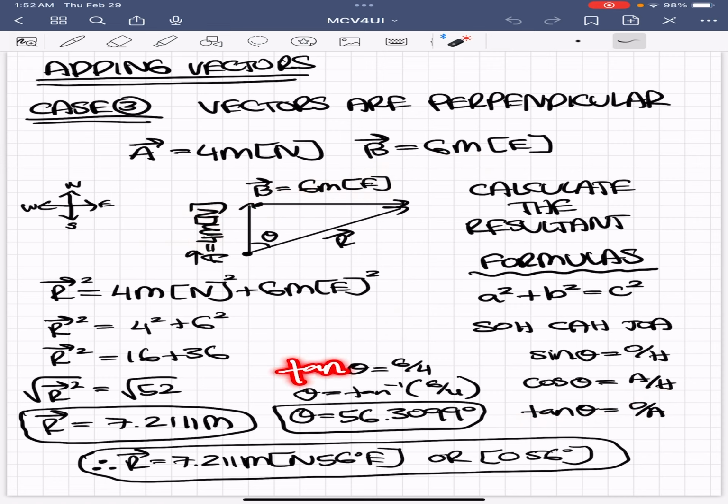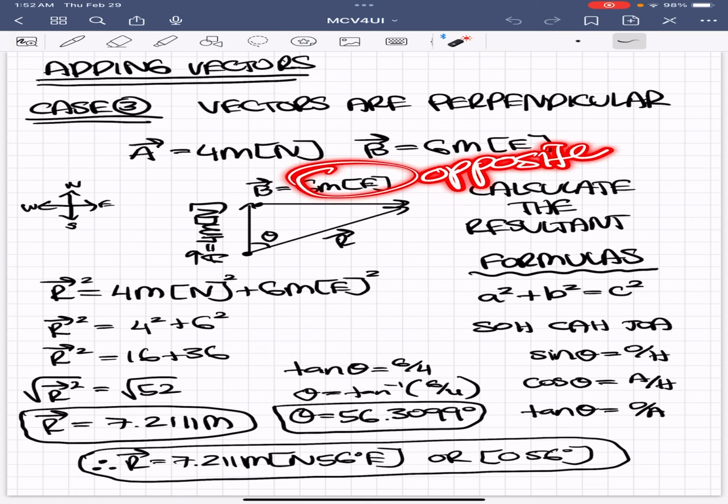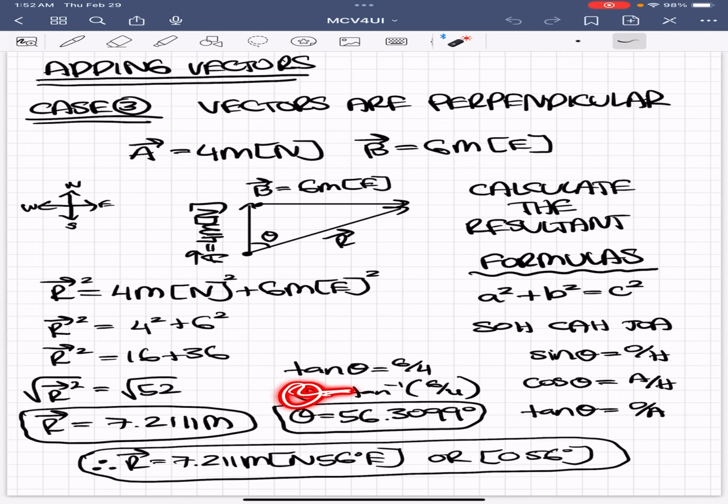So we have tan theta equals 6 over 4. So it was opposite over adjacent. So we did theta equals tan inverse, the inverse function of tan. That's why there's that -1 there. And we got 56.3099.